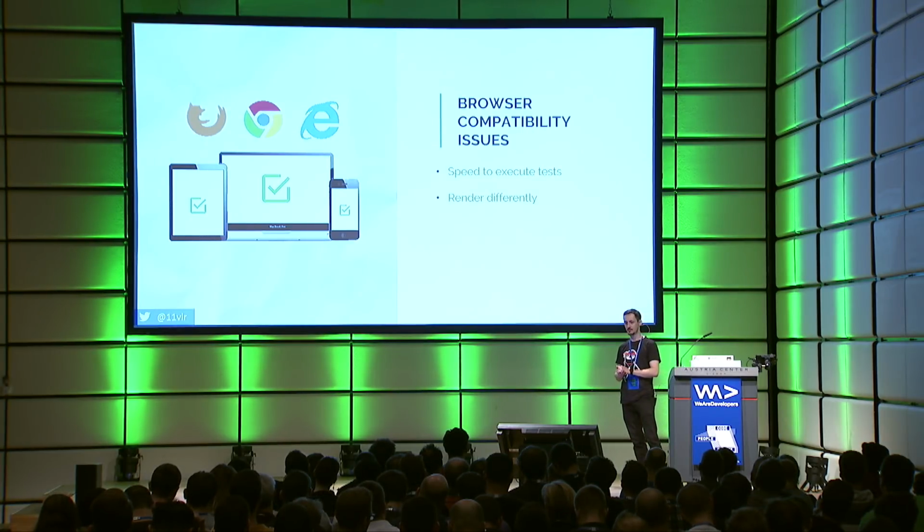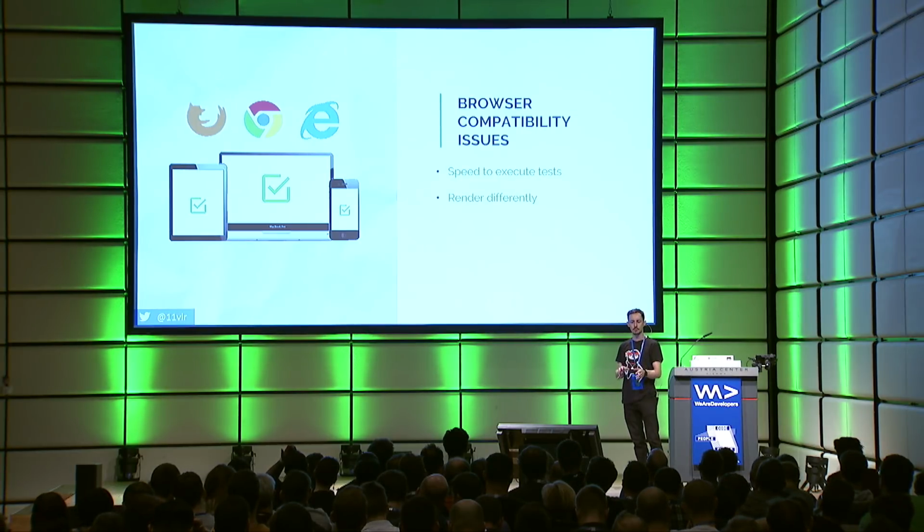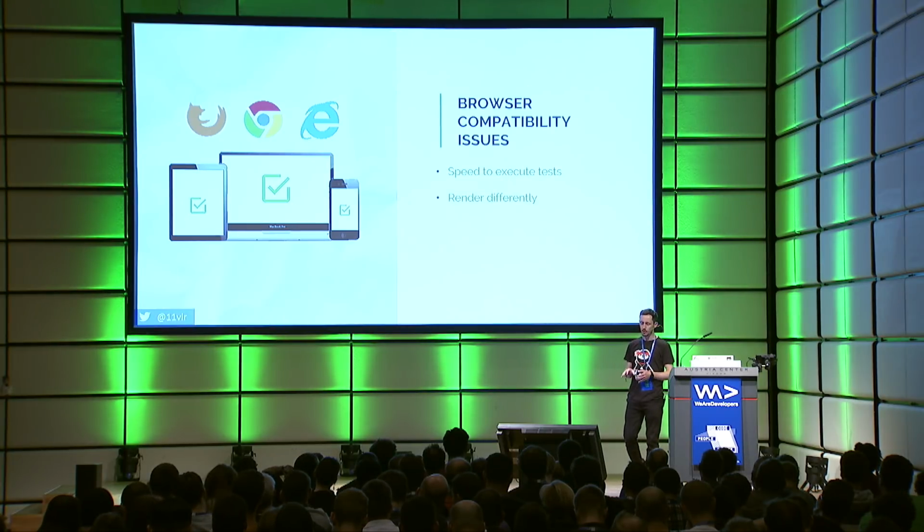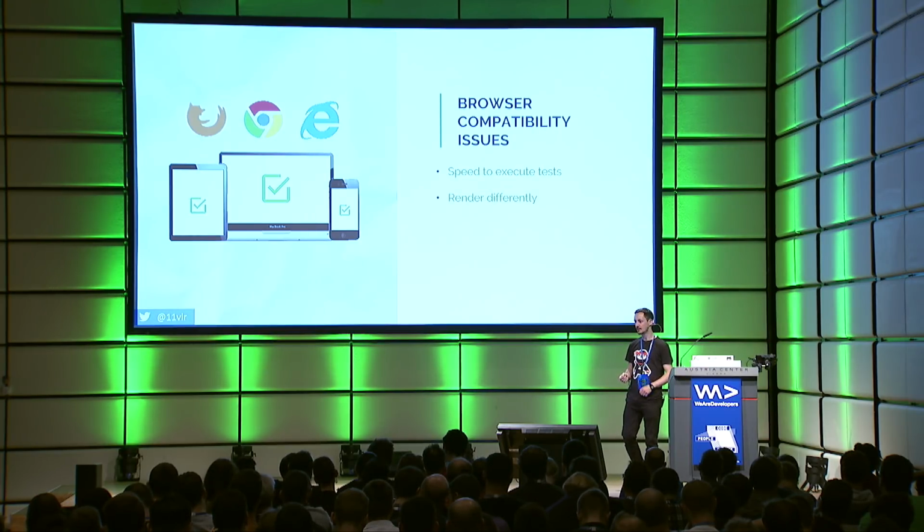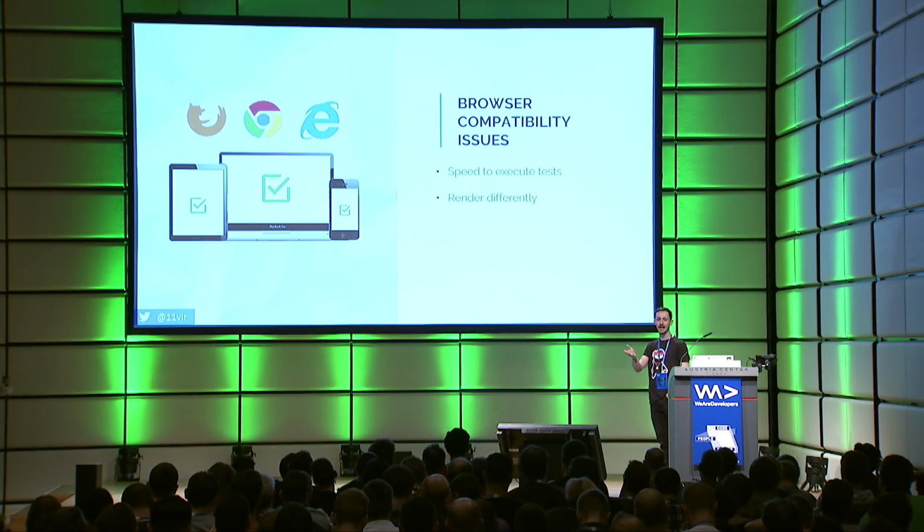So your tests become quite bloated because you're trying to wait for various differences within browsers. And another thing, not so much a problem for just UI testing, but when we start to look at visual testing, the way in which they render differently does cause a problem because browsers will add certain padding and render things slightly differently.